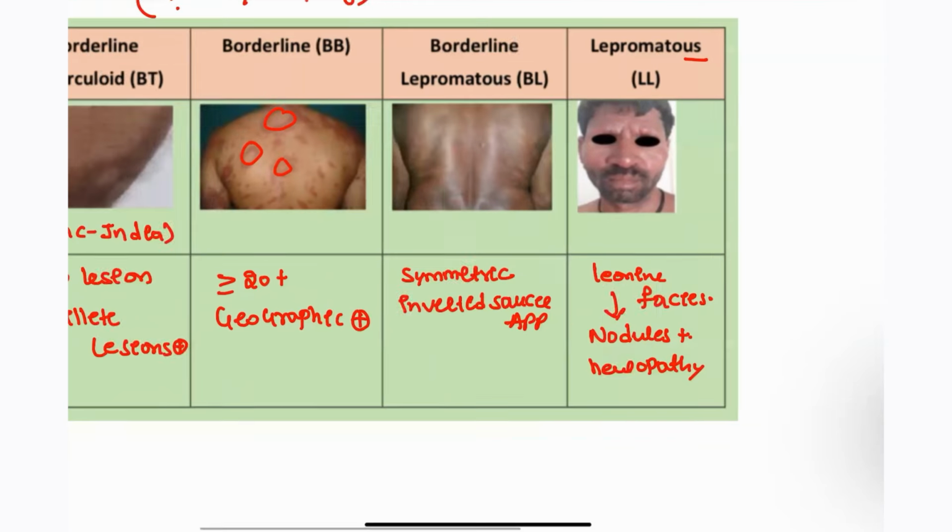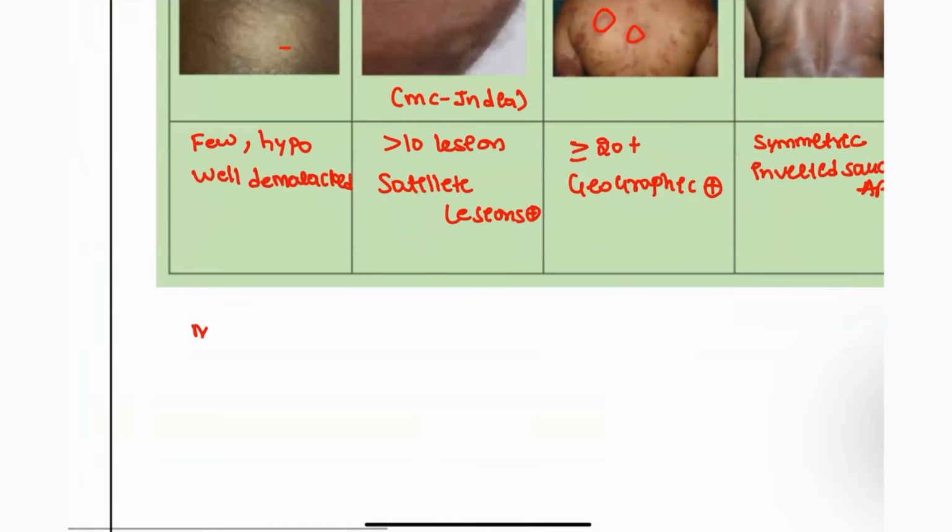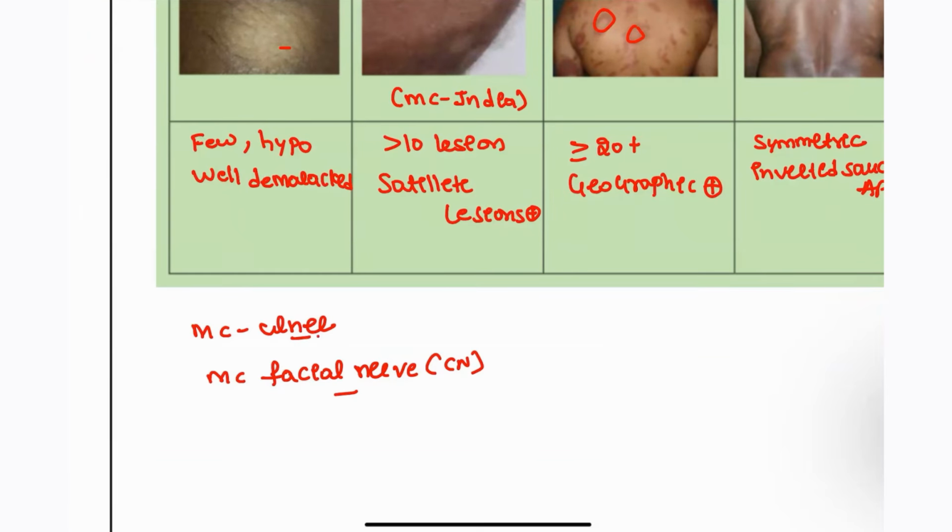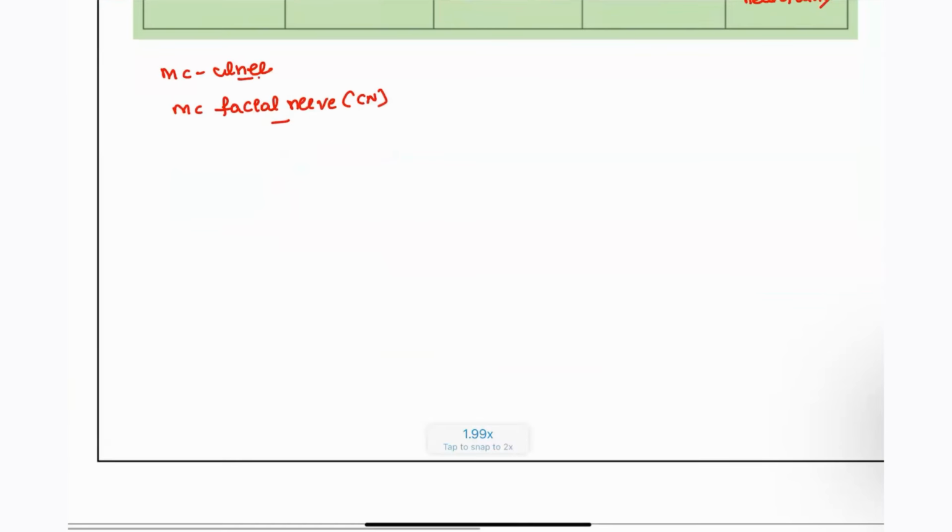An important point: what is the most common nerve involved here? Ulnar nerve. And among the cranial nerves, the most common is the facial nerve. In the cranial nerves it is facial, among all nerves it is ulnar. That's the difference. Next, we also have to know what is paucibacillary, and the other one is multibacillary.